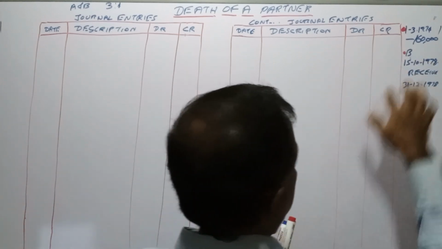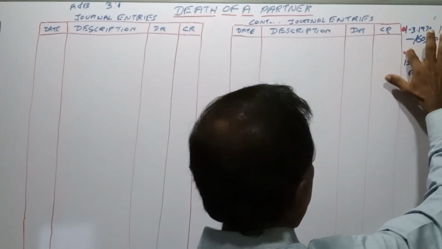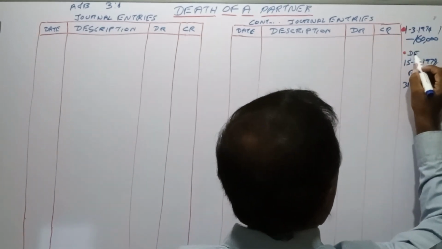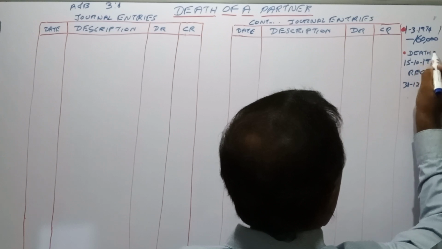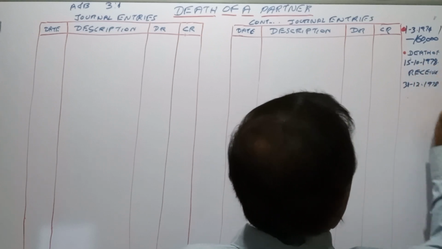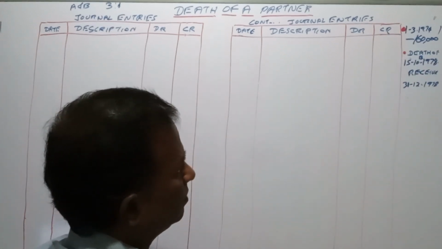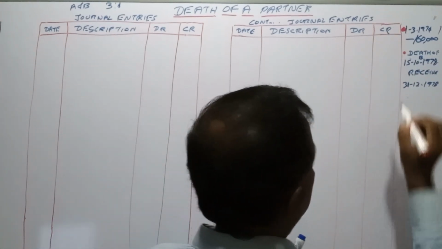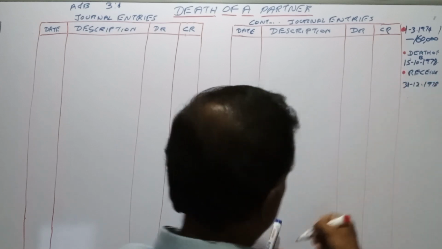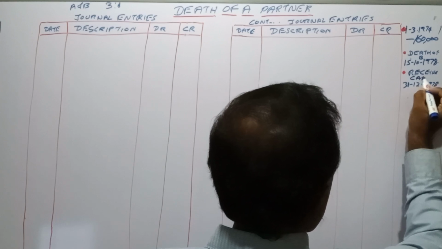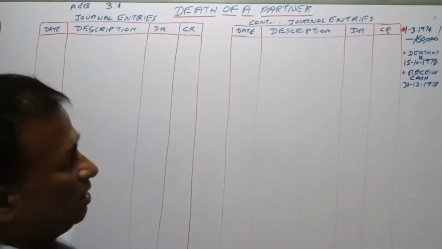Death of B, right? You are receiving the policy, receiving the cash.